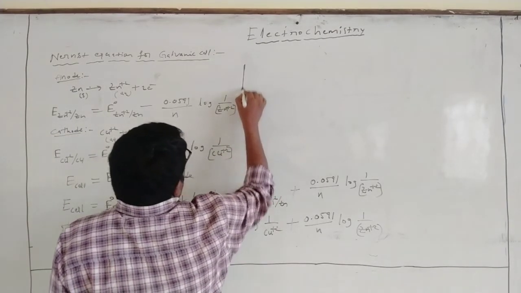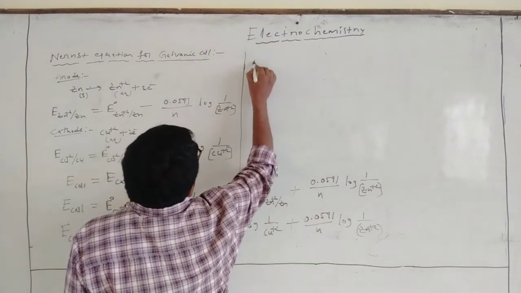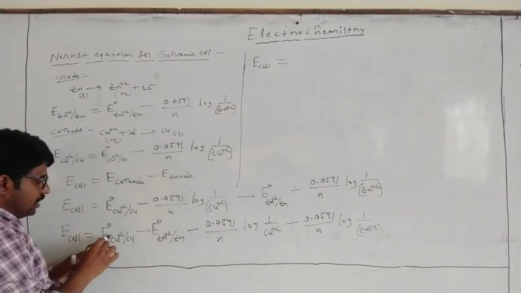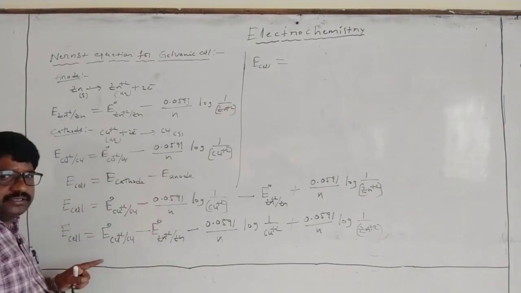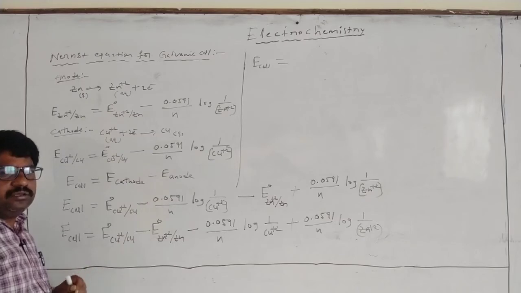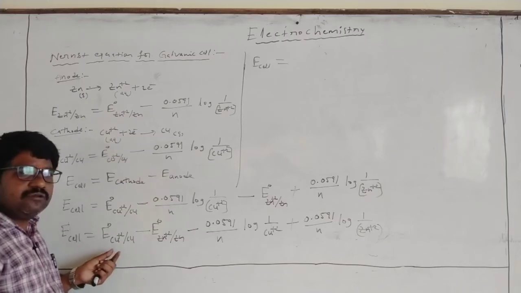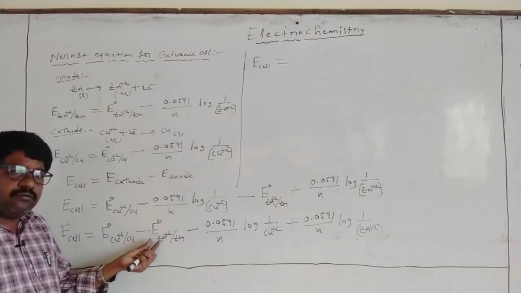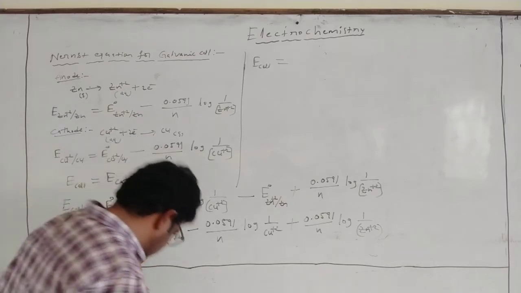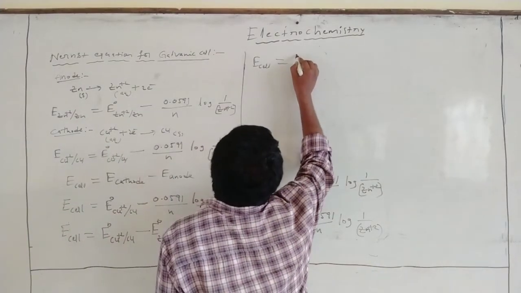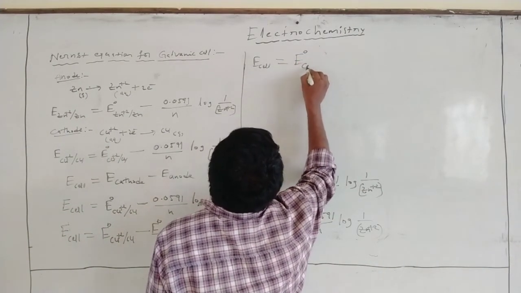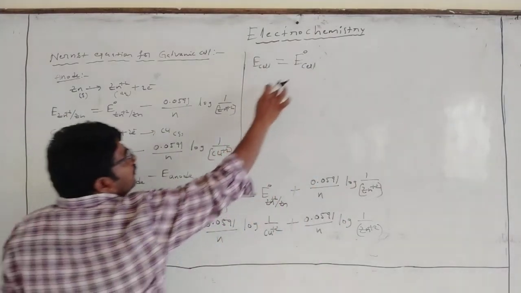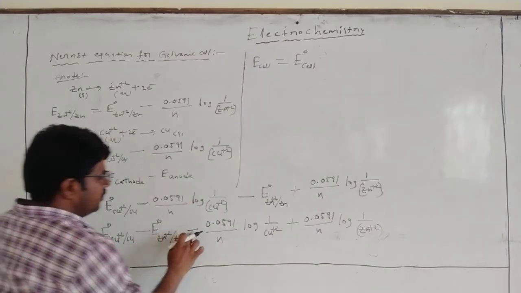So E cell is equal to E naught cathode minus E naught anode, which is nothing but E naught cell, the standard electrode potential. Standard electrode potential of cathode minus standard electrode potential of anode, you can write as E naught cell. Now here minus is there, no?